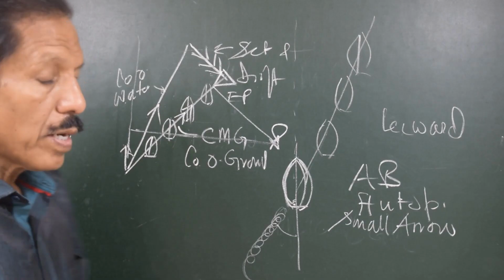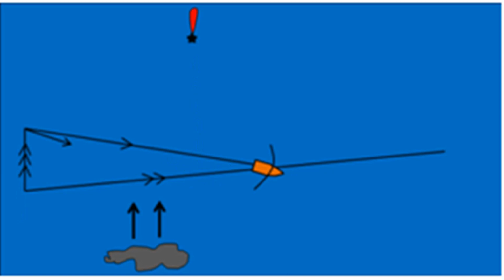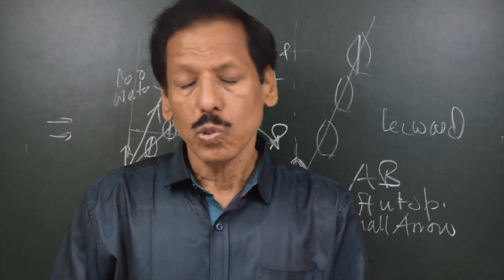So let us conclude these two golden rules. The abeam bearing is small arrow line plus or minus 90, plus for starboard, minus for port, and the nearest bearing is 2 arrow line plus or minus 90, right? Another thing, as I told you before, the ship physically is always on the 2 arrow line.